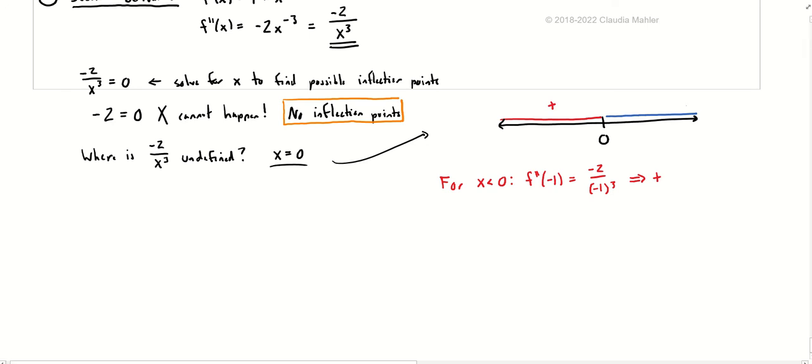Now for our second interval, for values of x greater than 0, let's use 1 as our point. So we have negative 2 over 1 cubed. 1 cubed is positive, negative 2 is negative, so that fraction is going to be negative.